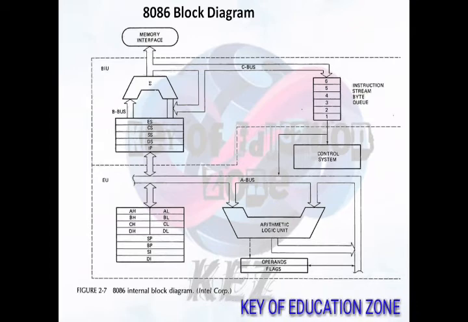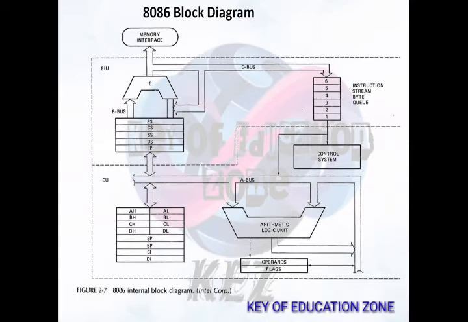See here, just below this memory interface, ES, CS, SS, DS and IP are there. That means they are the BIU part. Now here the offset address is coming through this BIU, that is the control bus, and from there 6 bytes of instructions are queued here.